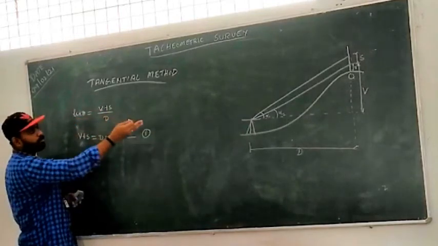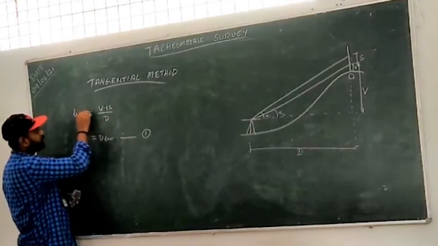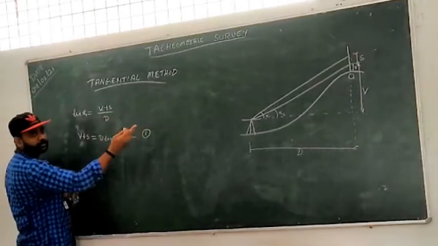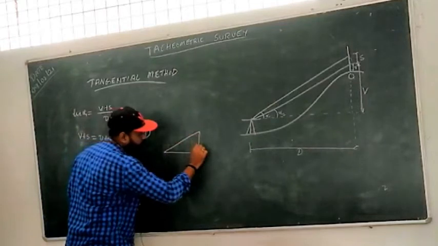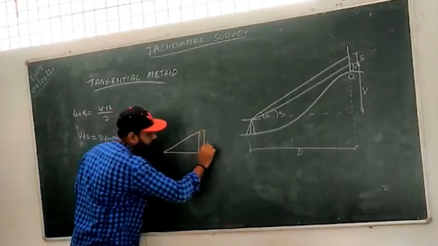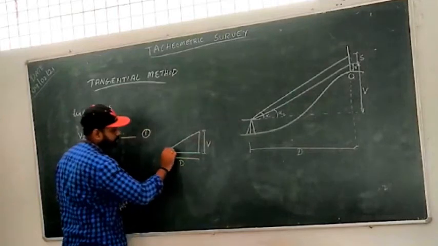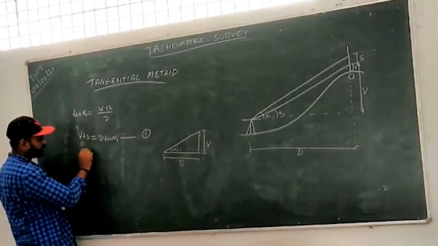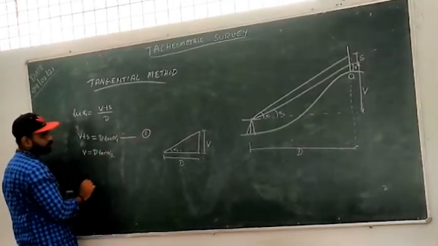Now for alpha 2, this will become your V, this will become your D, and this is your alpha 2. So I am directly putting V is equal to D tan alpha 2.